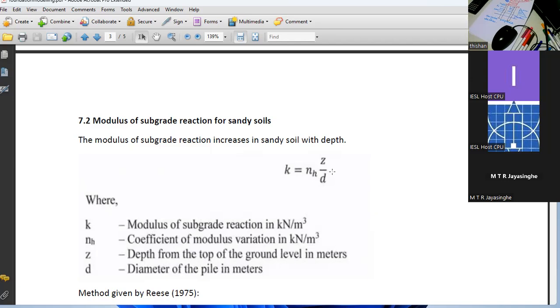In the second meter to third meter, you get an average value of about 62,500. Those can actually indicate a fairly high level of resistance. And then the other important thing is how the pile behaves and what will happen to the pile when you do this type of modeling.